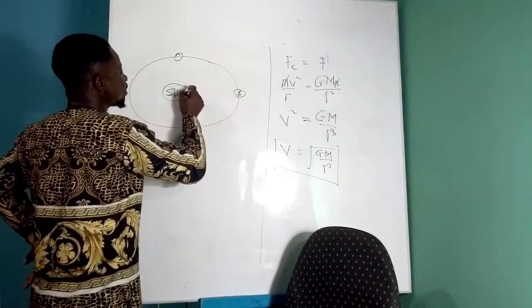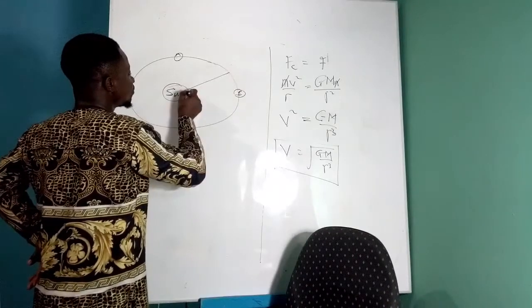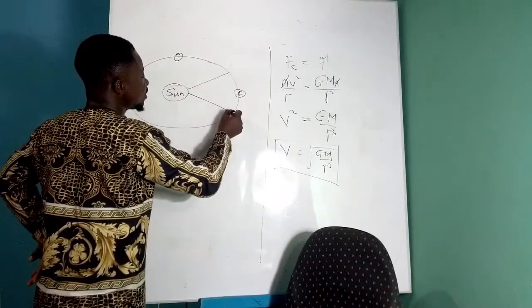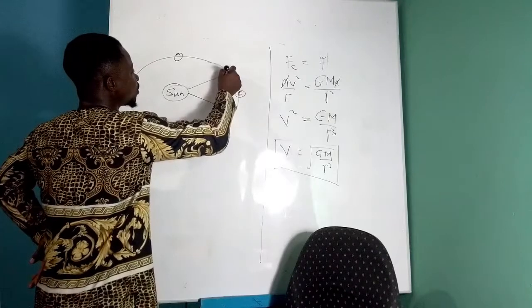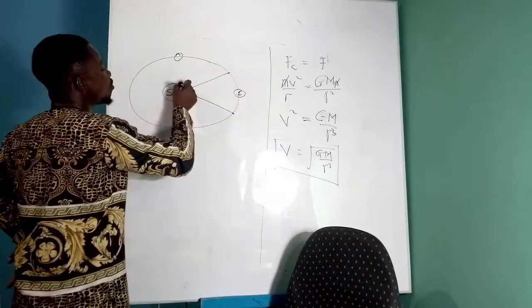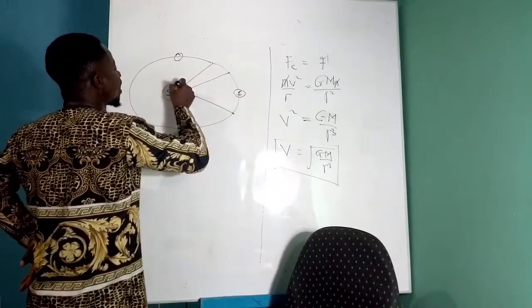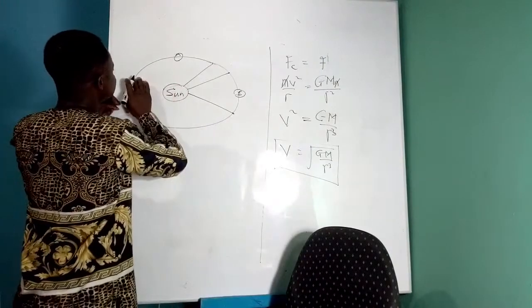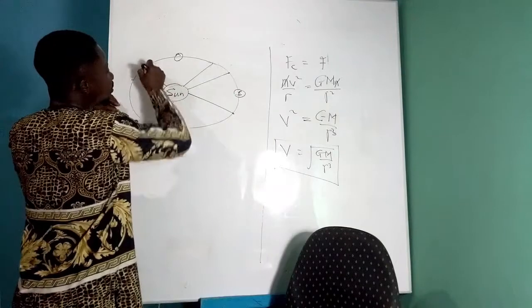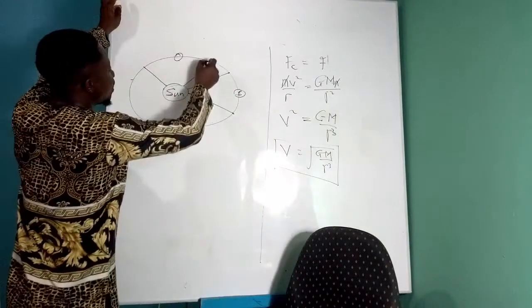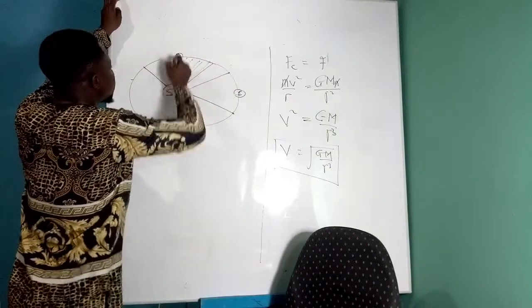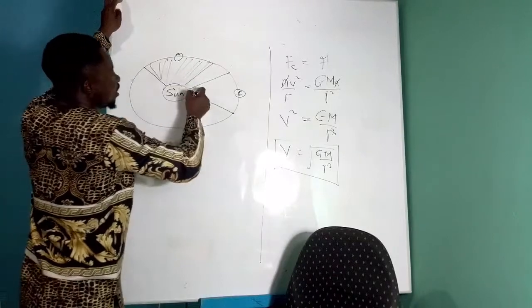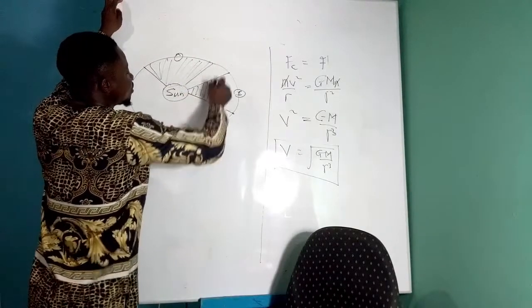So when the planet is closer to the sun, let's say the planet moves from this point to this point. Now, in order to cover the same area, let me shade this part like this, and then let me shade this part like this.